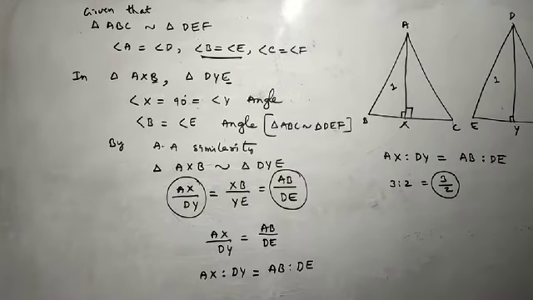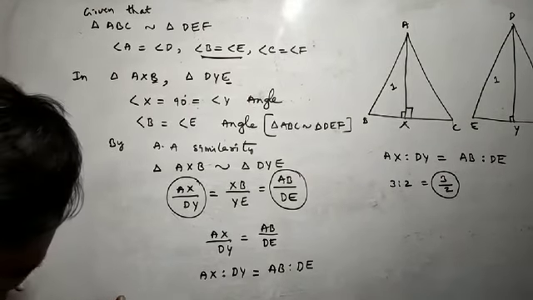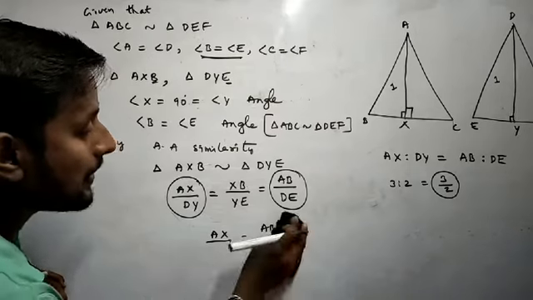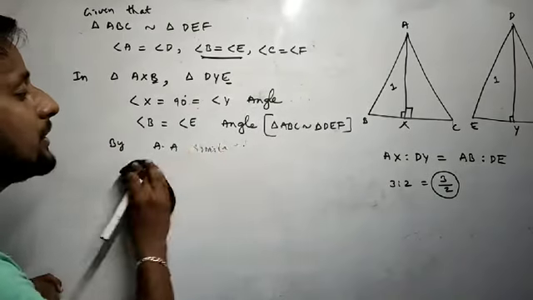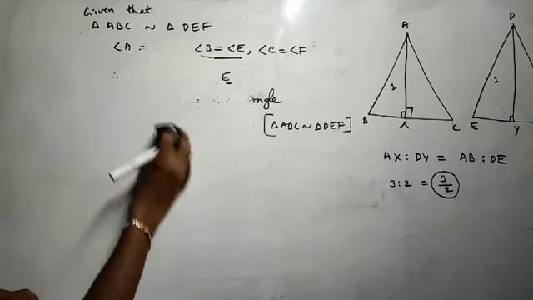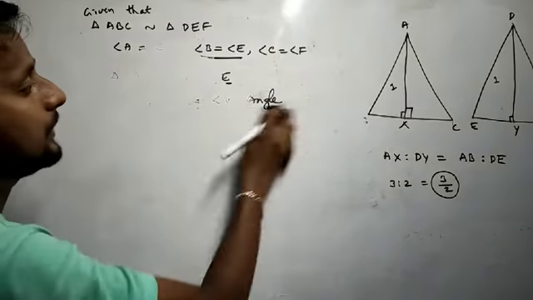Then the next, 11th question. Construct a similar triangle of ABC with a scale factor 5/3.